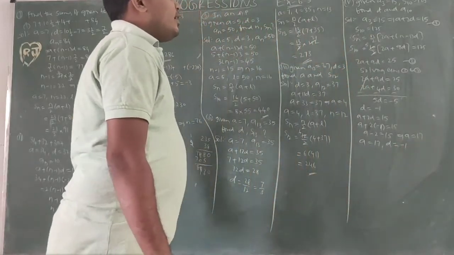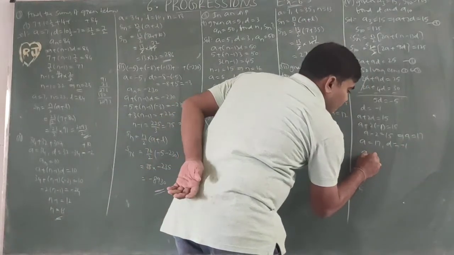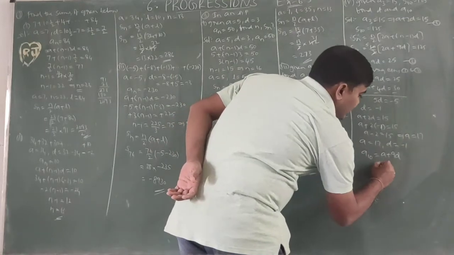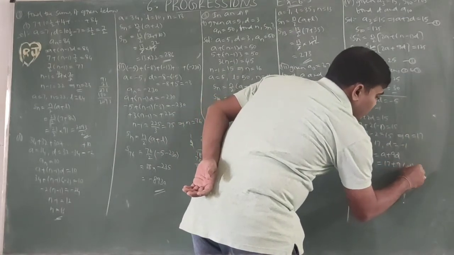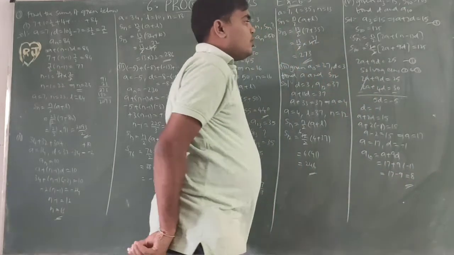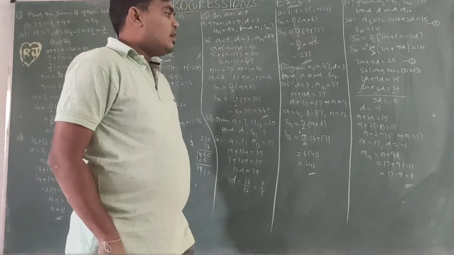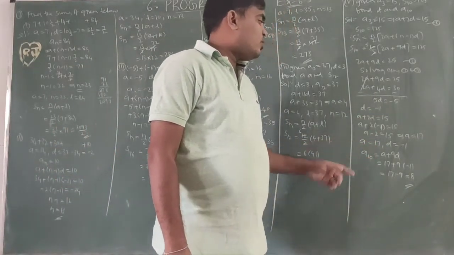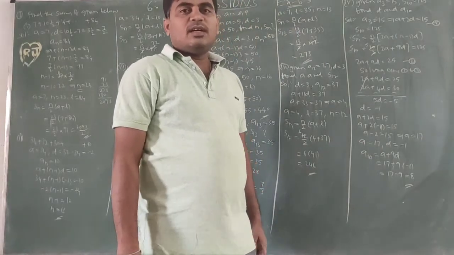Next, A10 formula: A plus 9D, 17 plus 9 of minus 1. 17 minus 9 equal to 8. So 10th term is 8. Difference D equal to minus 1, and we got A also, A equal to 17. So this is the required answer.